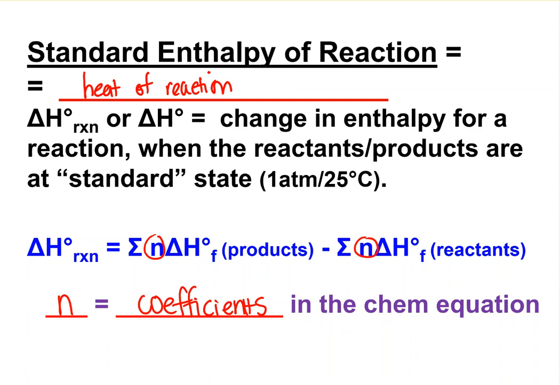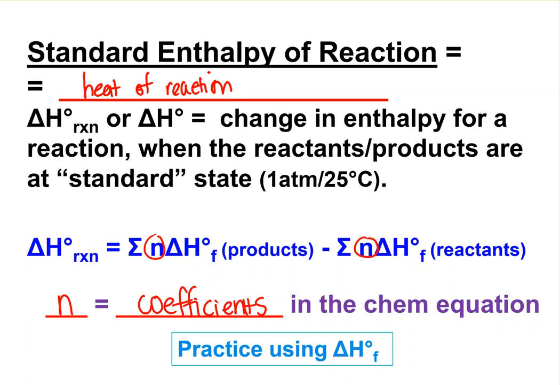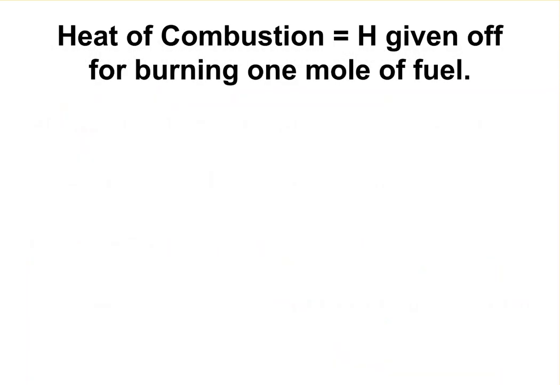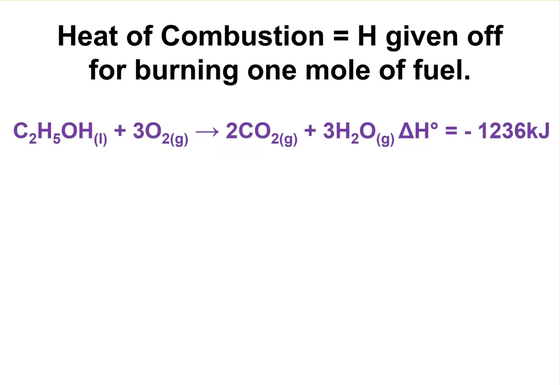I'll show you one more slide. This one's kind of long, isn't it? Before we do this practice. Just so you know, heats of combustion, they are the heat of reaction for combustion, for burning something. The thing is that sometimes they're listed as positive numbers, even though these are exothermic reactions. So be aware of that.